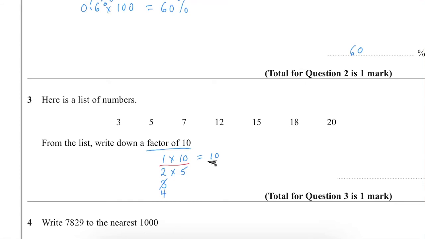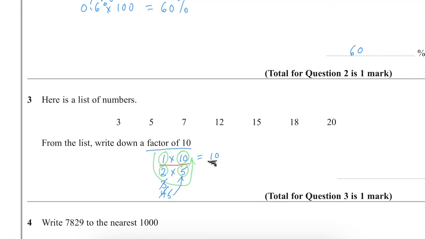The same with 4 divided into 10 leaves a remainder. And finally, that brings us back to 5, which we've already got. So as soon as you repeat the number, you know you've got all the factors. So the factors of 10 are 1, 2, 5 and 10. Just go like this and you've got all the factors of the number.